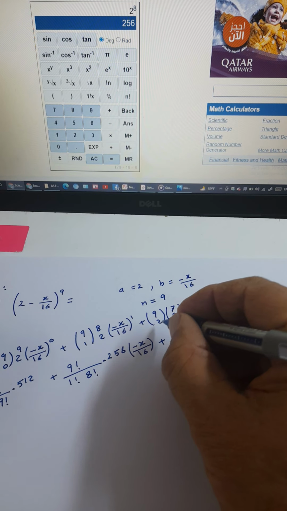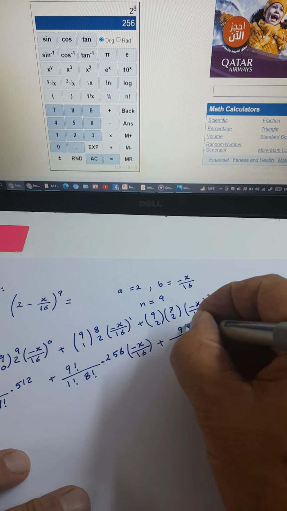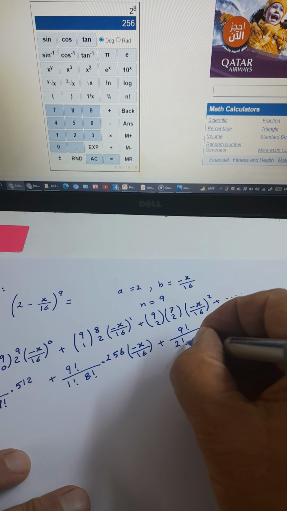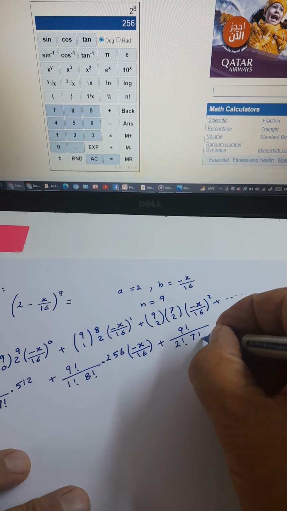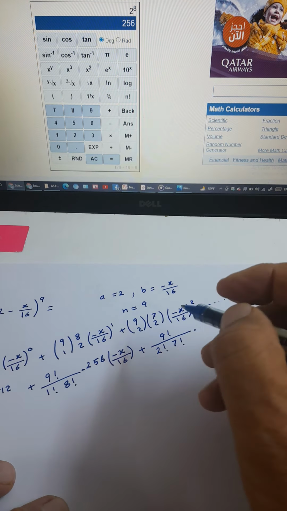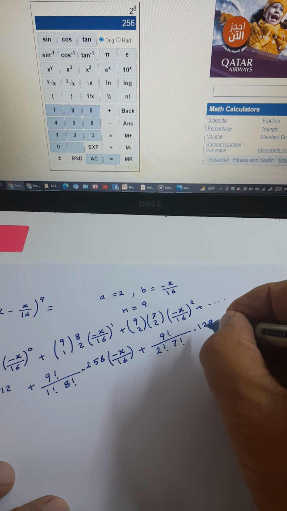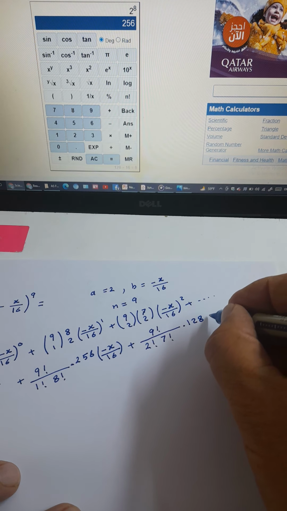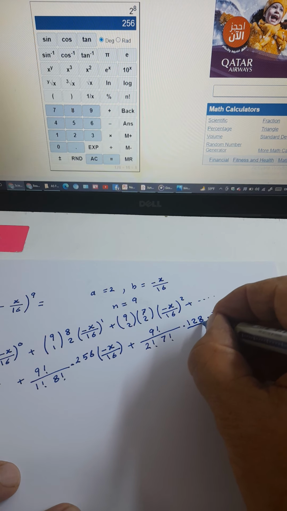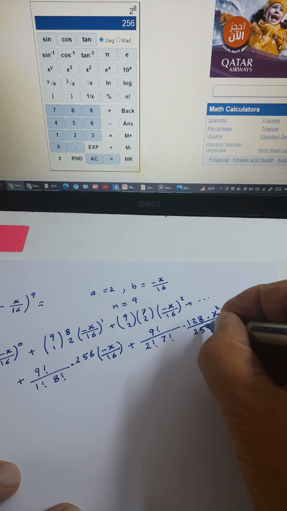Plus 9 over 2 is 9 factorial over 2 factorial times 9 minus 2, 7 factorial, times 2 to the 7 is 128, 128, and minus x squared is x squared over 16 times 16 is 256.